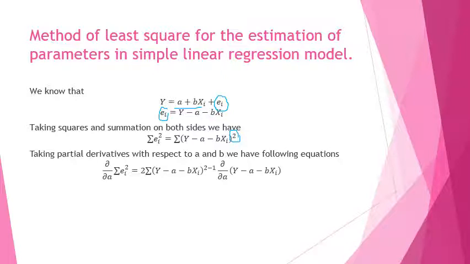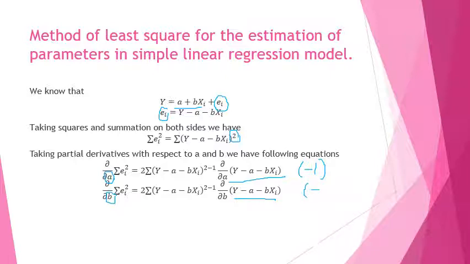Here I am not going to explain how to take derivatives because I assume that you already know how to take partial derivatives, as you have already taken the course of algebra by Professor Rauf. Now this is for a and this is for b. This is the derivative of the base, and the derivative of this base with respect to a should be minus 1, and the derivative of this base with respect to b should be minus x.